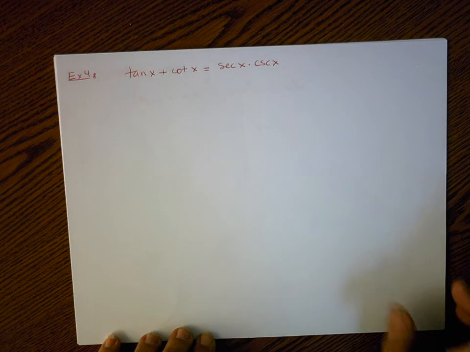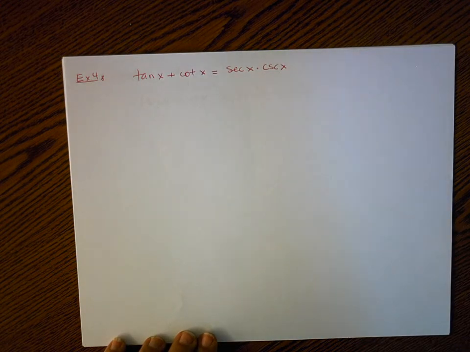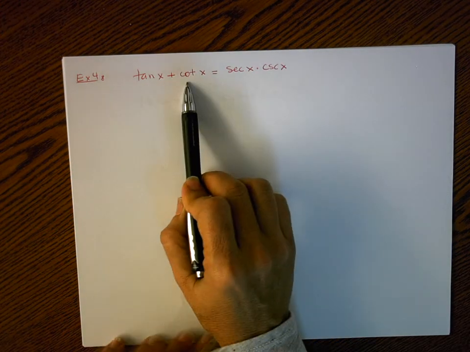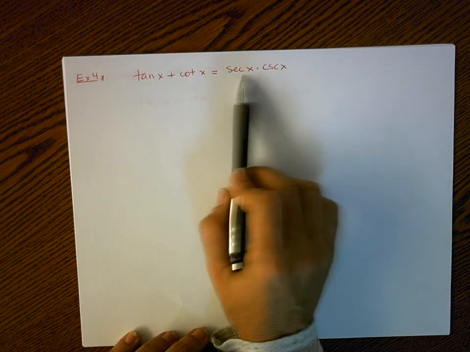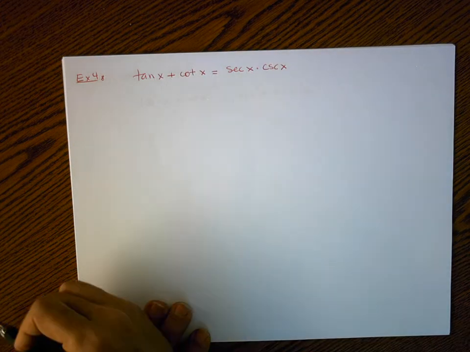All right. You must agree with me that both of these sides are hard. It's kind of like, which side do I pick? They're both difficult to work with. But I like tangent because I can switch tangent. I like cotangent. I can switch that to something I know. I can switch this too as well, but it really doesn't matter which side you want to work on.